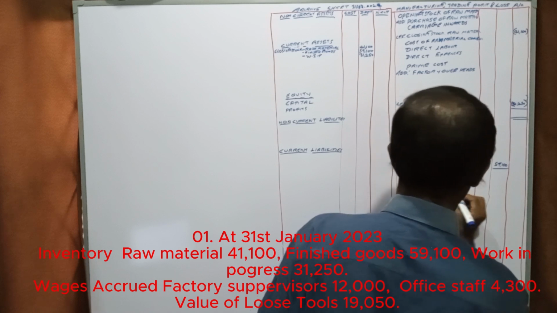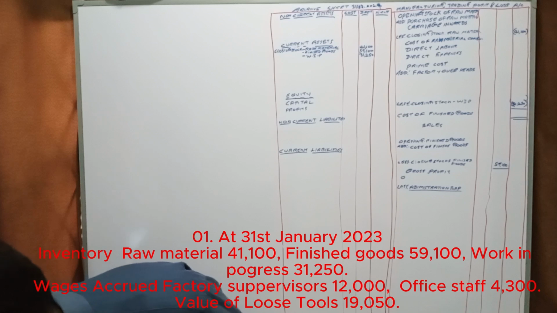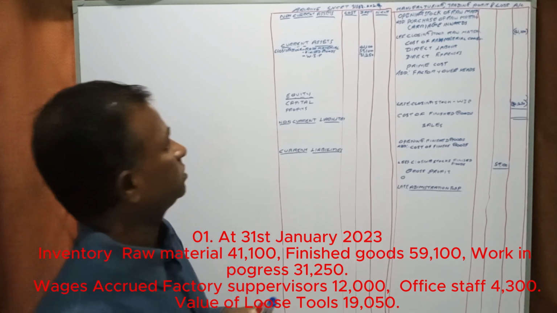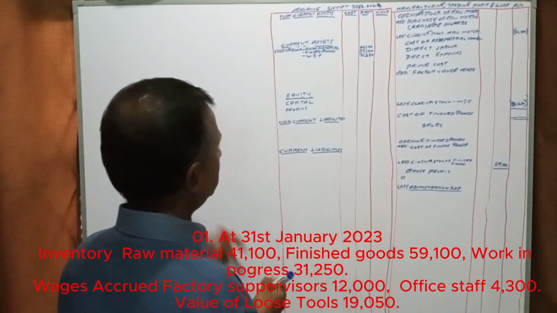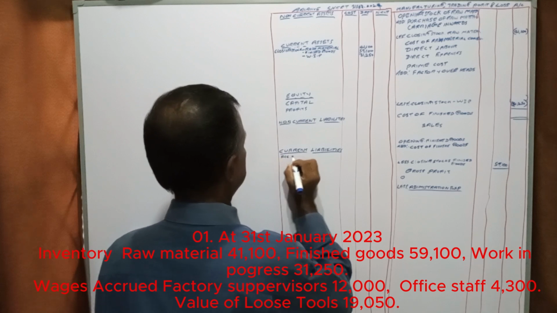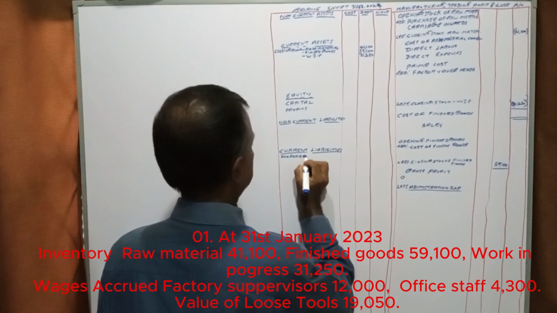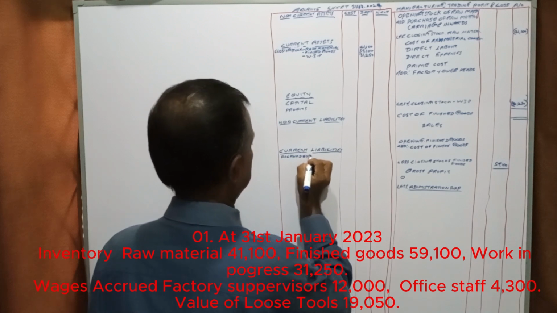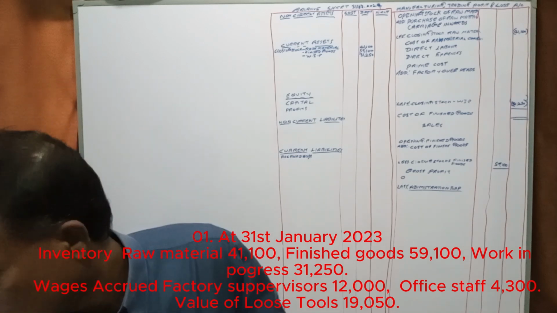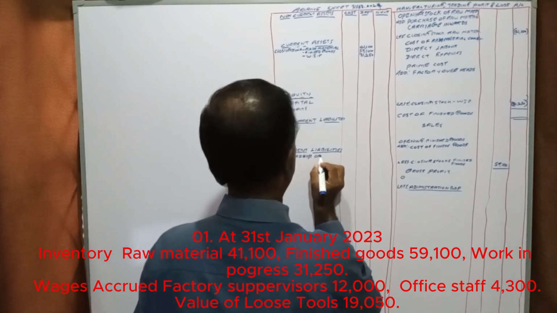Under the administration expenses, you will get some expenses. Factory supervisors' wages accrued 12,000. Wages accrued expenses are current liabilities. Accrued expense, office staff wages.